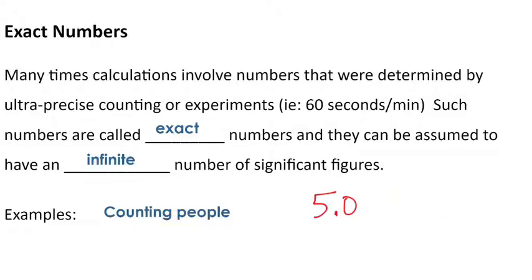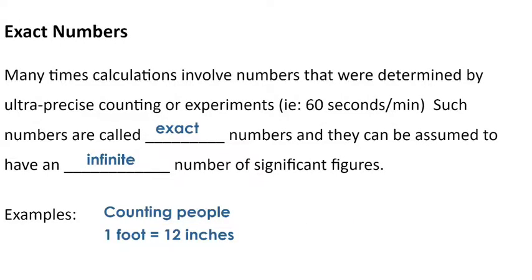So this 5, I can just write or say as 5 people, and if it is known that it was determined precisely, this is a simple example, but there are some experiments and conversions that we can use that are ultra precise like this, that I can say 5, and even though it looks like one SigFig, this has an infinite number of zeros coming after it, 0.00000, and we're never going to treat it like a one SigFig number or round our answers based on it, basically.